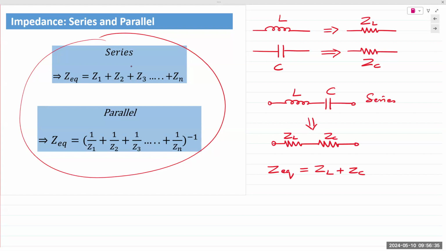Because DC is constant. The input does not change. Impedance is opposition to change of input.